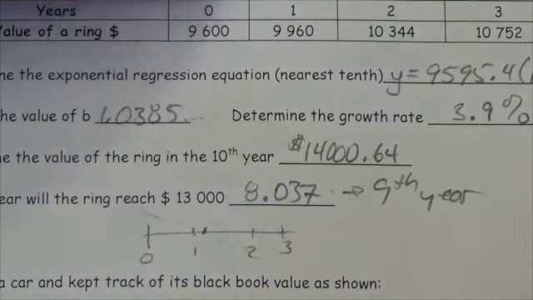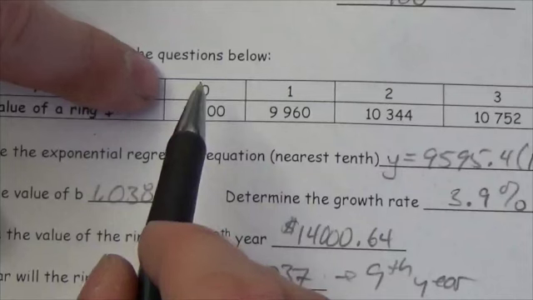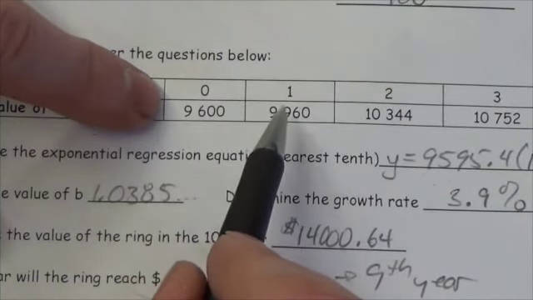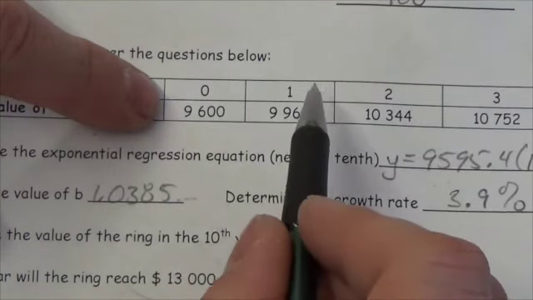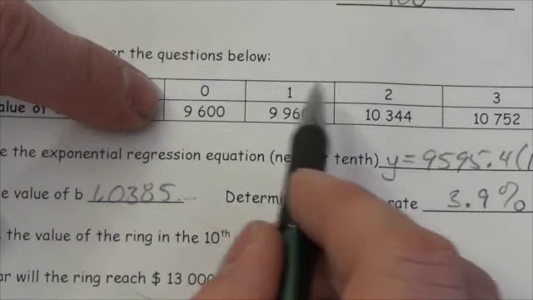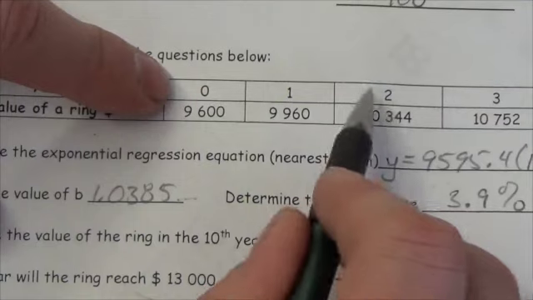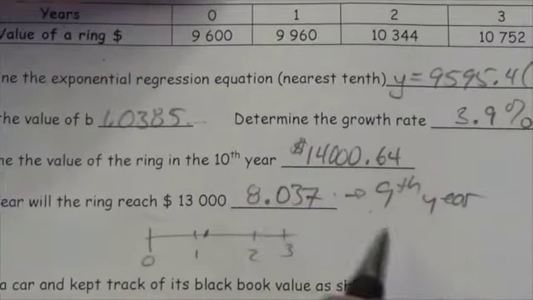You got to understand the way the chart works. When the time starts, it's worth 9,600. At the instant of the first year being over, it's worth 9,960. But as soon as you're at 1.01, in terms of time, you're into the second year. When the second year ends, that's how much it's equal to. That's how you have to interpret that. So this happened in the 9th year.